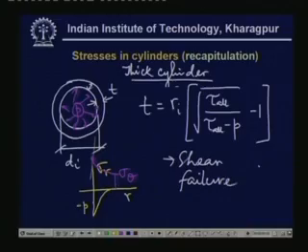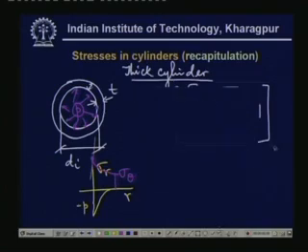If the material is ductile, then of course this maximum stress criterion cannot be used, and we will have to use what is known as Bernoulli's equation, which I am going to write down. We have discussed it in the last class.